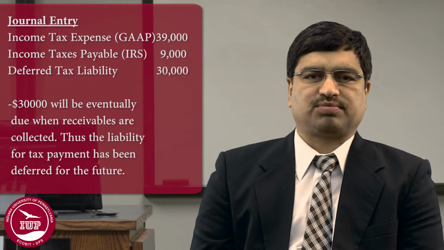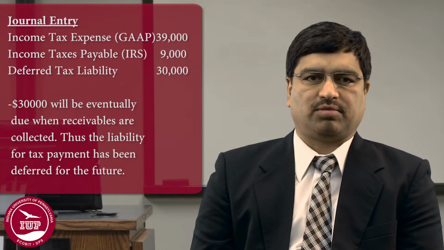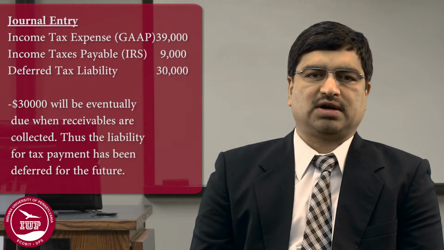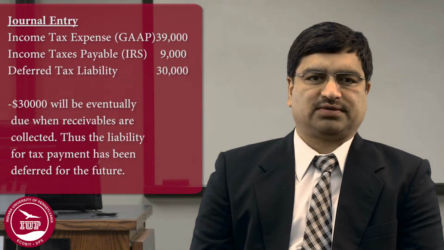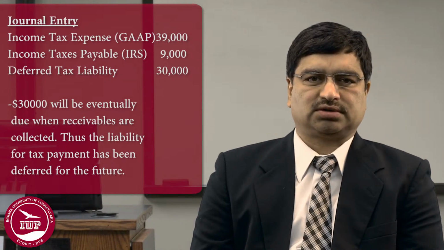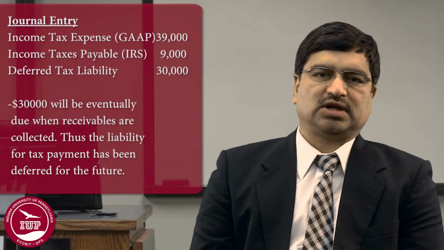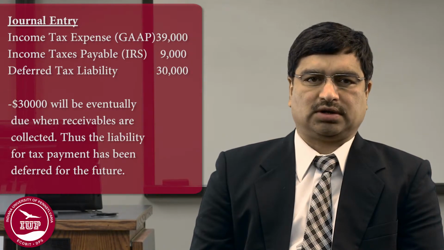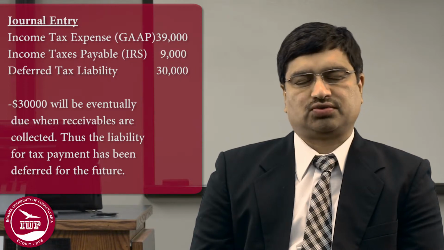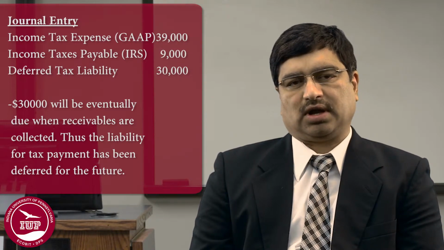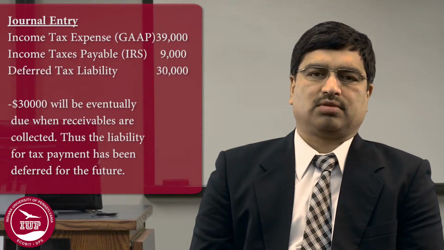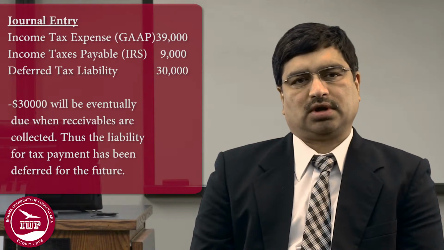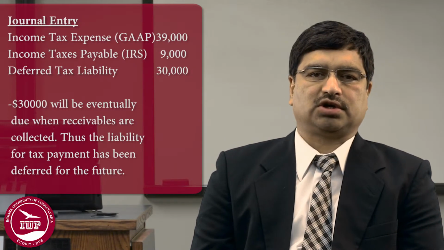Then income taxes payable of $9,000 will be credited. And we create a deferred tax liability of $30,000. This $30,000 will eventually be due when receivables are collected. That's why we call this a deferred tax liability, because this will become due in the future when the accounts receivable are collected.